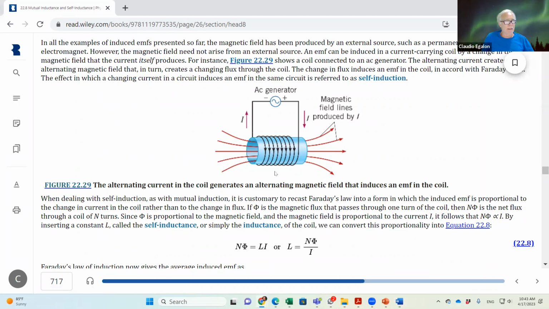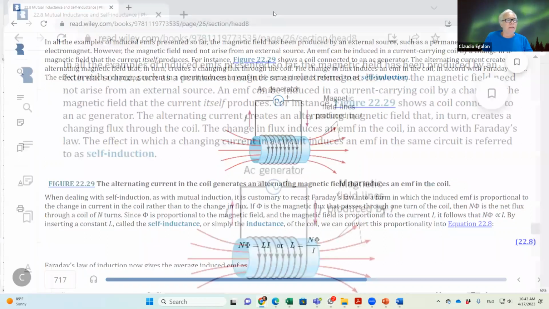What's going to happen? This coil itself, because we have a change in the magnetic field here, is not only going to have the current due to the generator, but it's also going to have an induced current because of the changing magnetic field inside it.